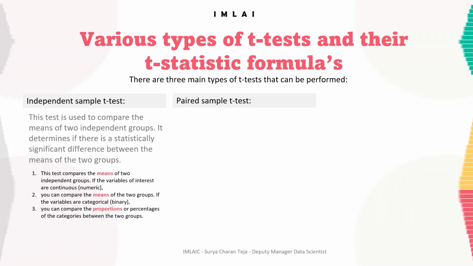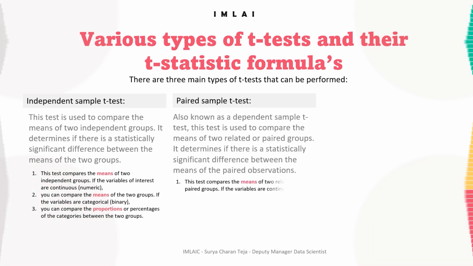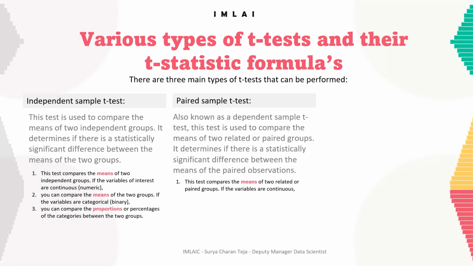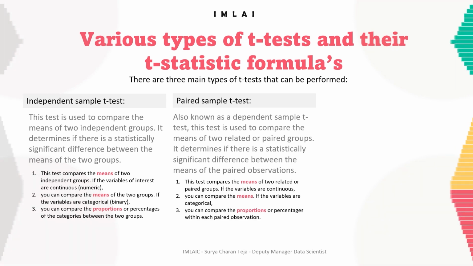So the tasks that it's going to execute under the paired sample t-test: this test compares the means of two related or paired groups if variables are continuous. You can compare the means if the variables are categorical, mainly binary, and you can compare the proportions or percentages within each paired observation.